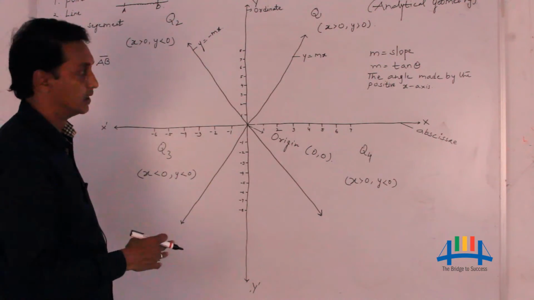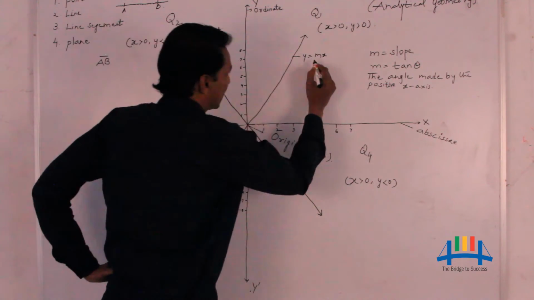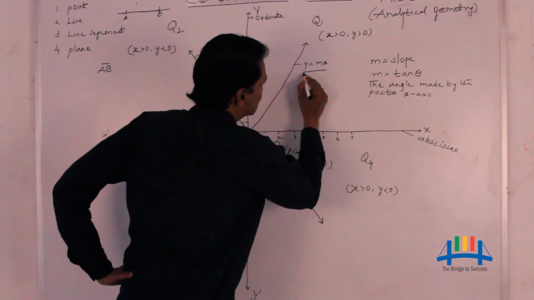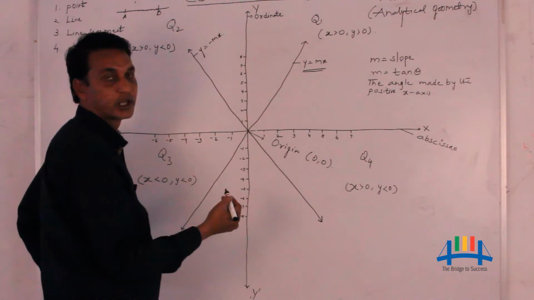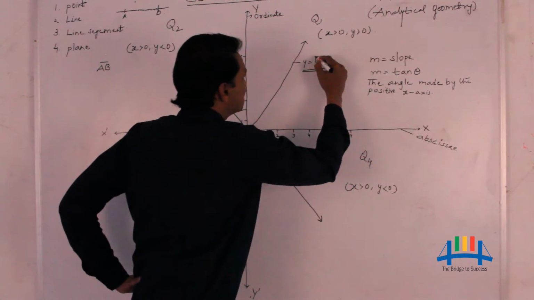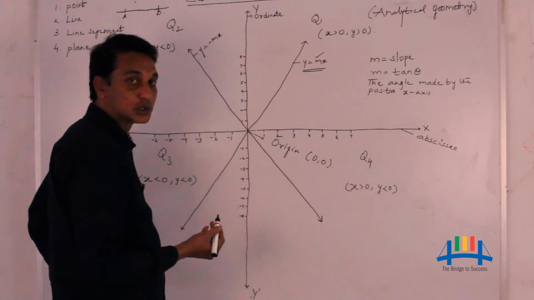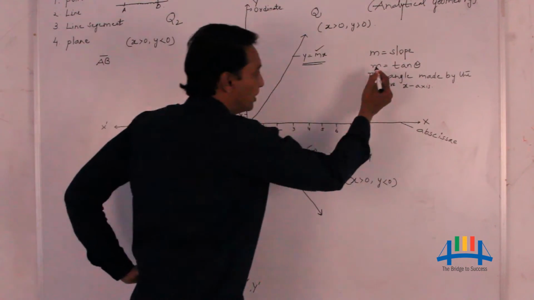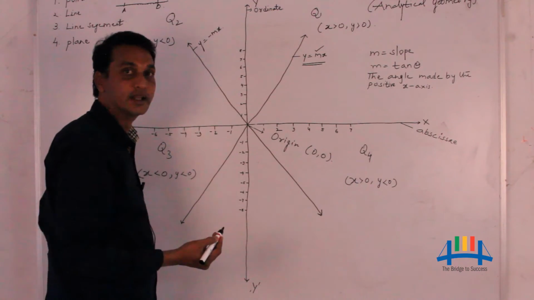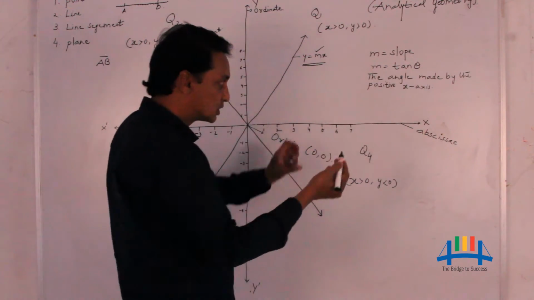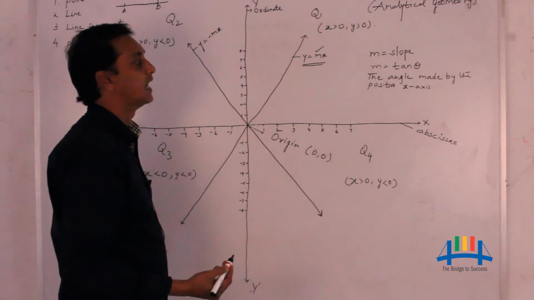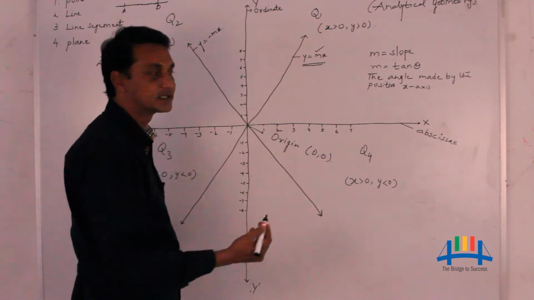What I told you, the point of intersection of both axes we call the origin. Y is equal to mx is a straight line which passes through the origin. What is m? M is nothing but the slope. According to trigonometry, m is equal to tan theta. The definition of slope: the angle made with the positive x-axis.